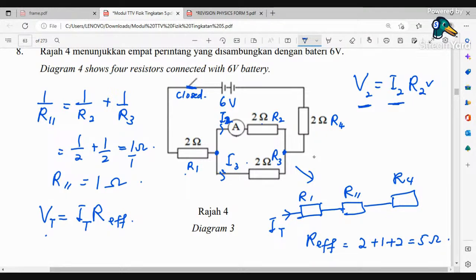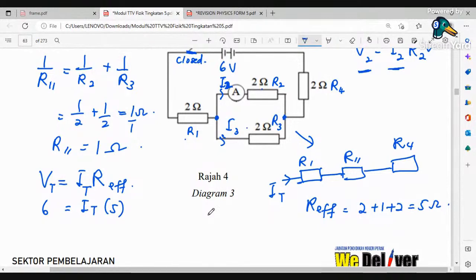So 6 equals I total times 5, and we have total current 1.2 ampere.